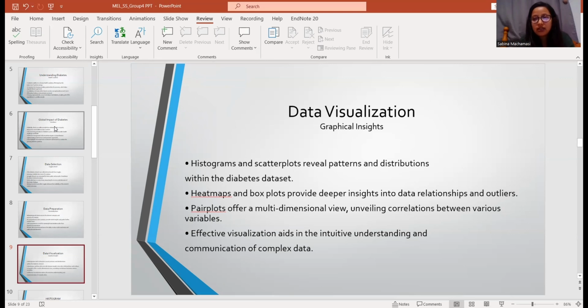For this presentation and this assignment, we have used various graphical representations like histograms, box plots, scatter plots, and heat maps. Histograms and scatter plots reveal patterns and distribution within the diabetes dataset, whereas heat maps and box plots provide deeper insights into data relationships and outliers.